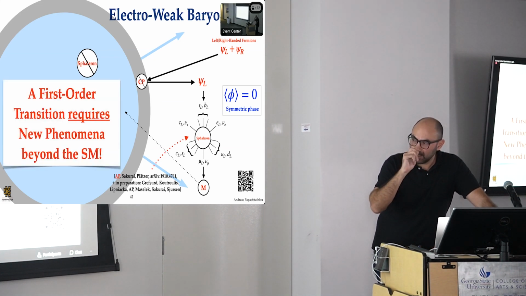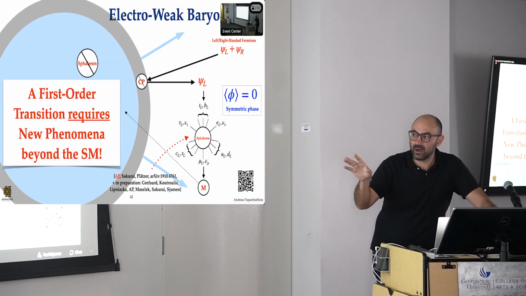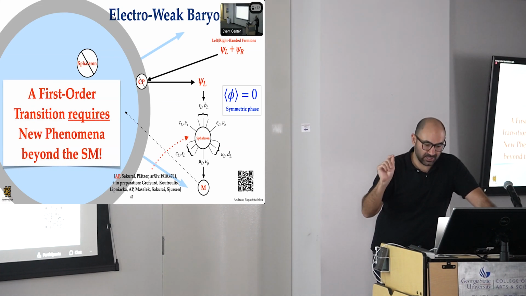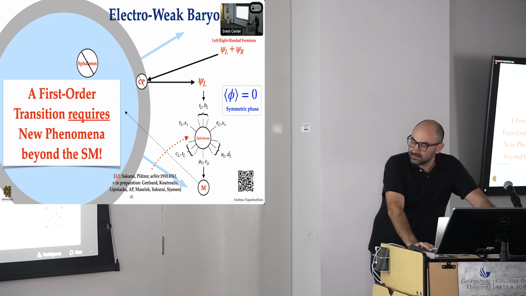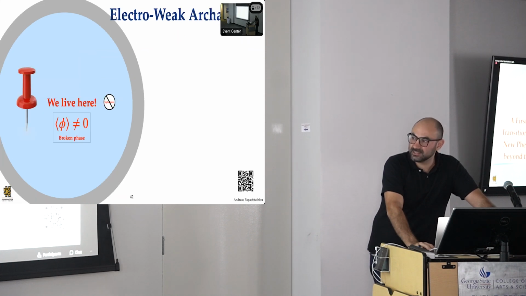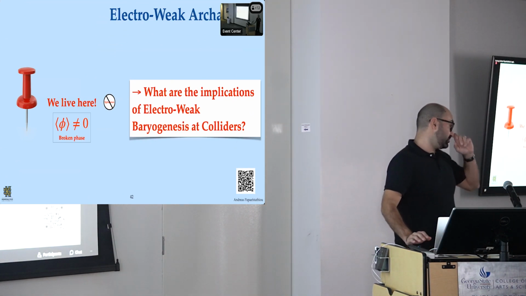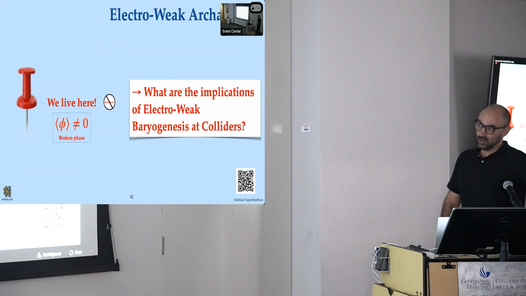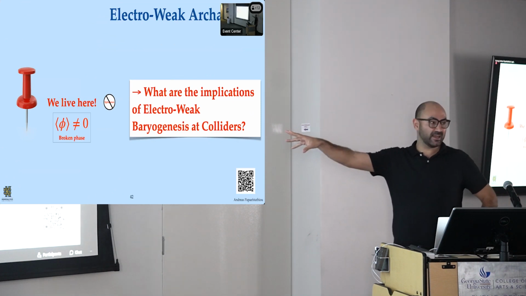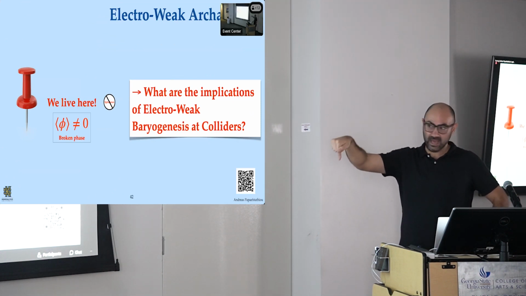As I mentioned, a first order transition requires new phenomena, and I'm going to discuss one such phenomenon, the simplest, in a second. Of course, we live here, and one interesting question that we want to ask is, what are the implications of such a mechanism today in our collider experiments?